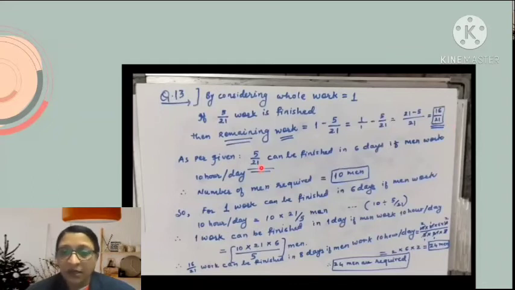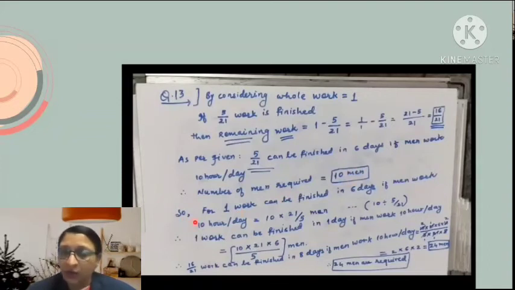As per the given information, 5 by 21 work can be finished in 6 days if the workers are working 10 hours per day. The number of men required is 10. This value is given in our question.